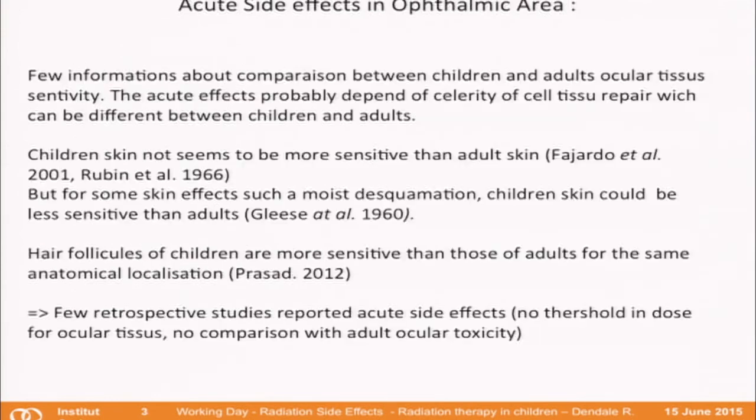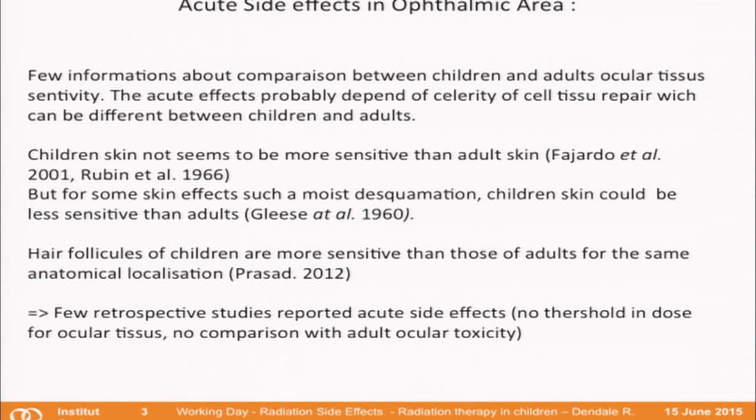For the acute side effects in ophthalmic areas, we have little information comparing children and adult ocular tissue sensitivity. The acute effects probably depend on the cellularity of the tissue and repair, which can differ between children and adults.